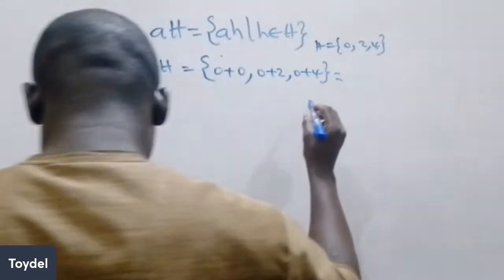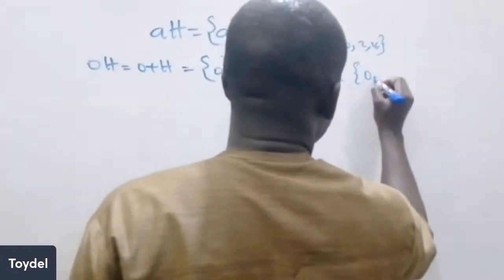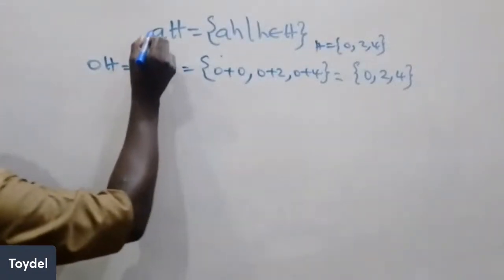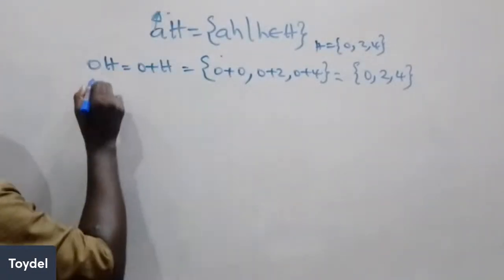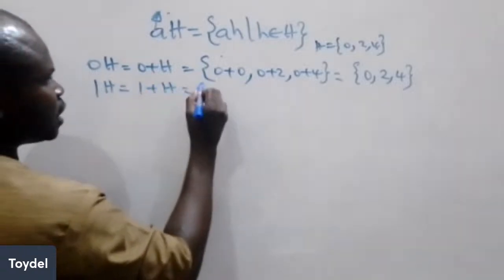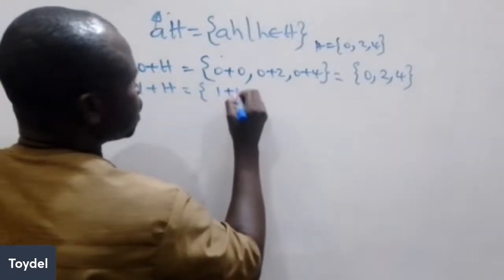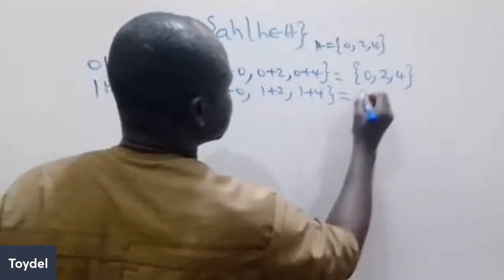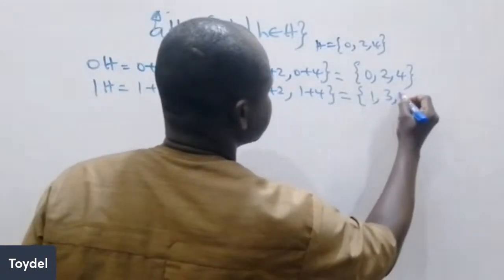At the end of the day, we get 0, 2, 4. That's the first coset, with a an element of Z6. Then we have 1H. What would that give me? 1 plus H, and that will be 1 plus 0, 1 plus 2, 1 plus 4. This is going to give me 1, 3, 5.